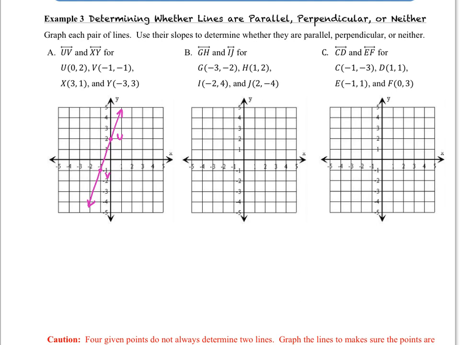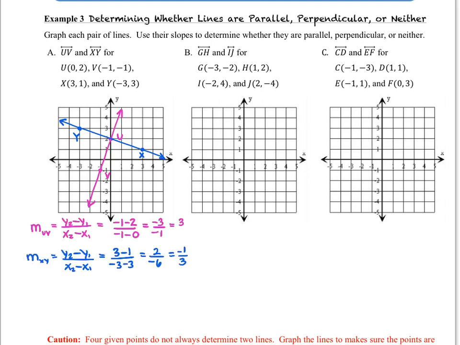Next, we'll graph points X and Y with the coordinates that have been given to us. Again, once we've got our points graphed, we are going to draw the line that goes between them. Next, we're going to find the slope for both lines. Once we've found the two slopes, we're going to see what kind of relationship they have so that we can determine whether the lines are parallel, perpendicular, or neither.